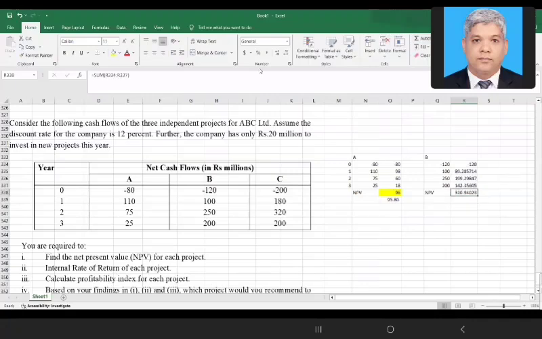So this one also has a positive value, and the C project.